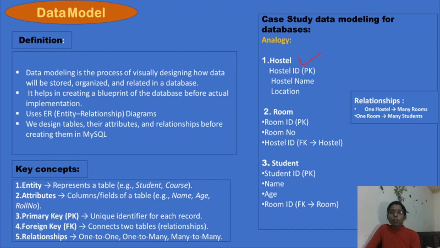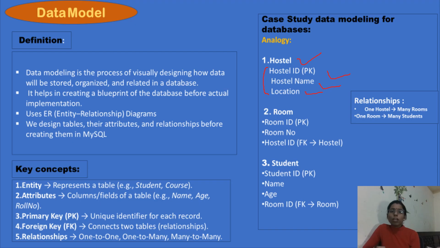Before actually implementing, we first plan the blueprint: what will be there in that hostel database. Inside the hostel table, what will be there? Different columns like hostel ID, hostel name, and location. These are the different columns. This is nothing but your schema, or we can say attributes.